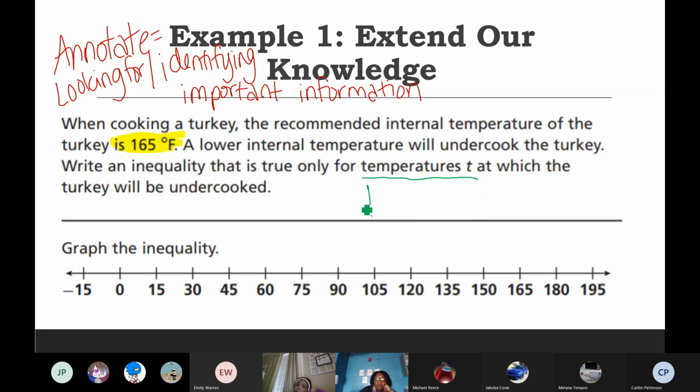T is greater than or equal to 165. The temperature at which that turkey has to be cooked has to be greater than 165. Remember what it said? Anything lower than that, the turkey will still be bloody on the inside. It'll be pink.